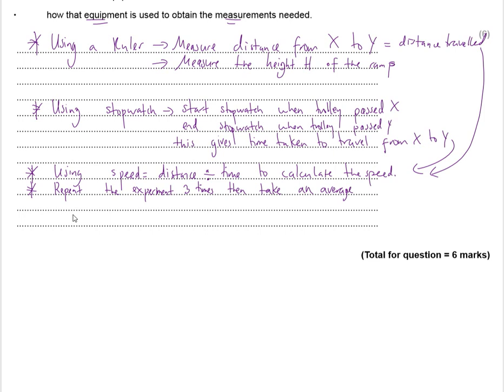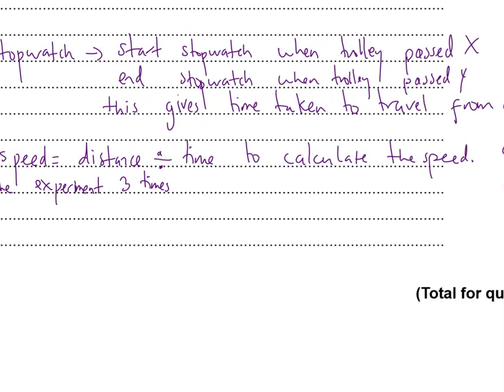Now, let me just rephrase this a little bit. Okay, so let me change the color as well. We're going to repeat the experiment 3 times. Let me zoom in. At that particular height h. All right.